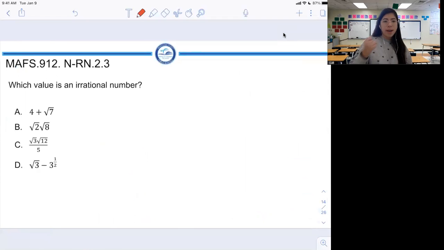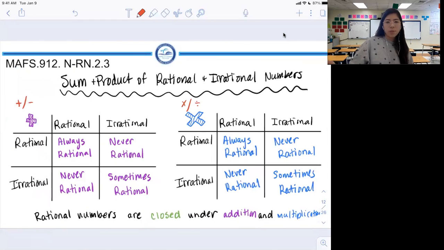Okay, now let's look at some actual values. Which of these will be irrational? So let's take a look. Going back before, let me quickly come to this again. Which option always ends up irrational?